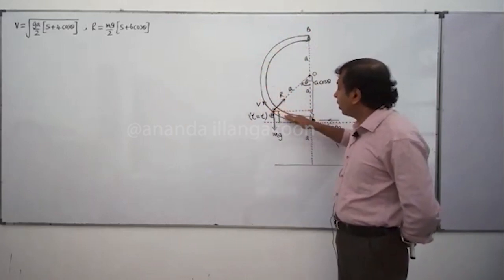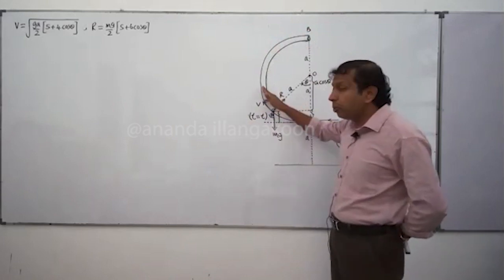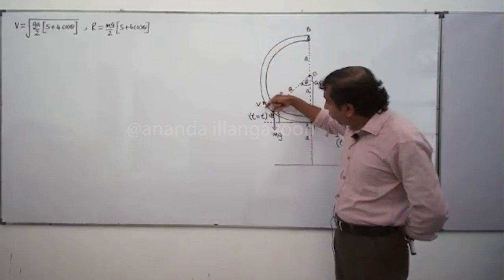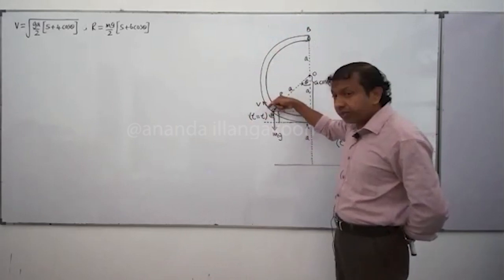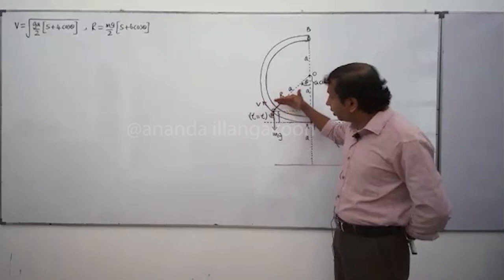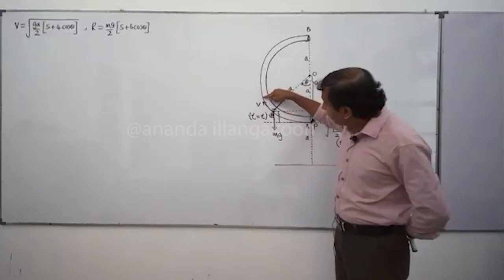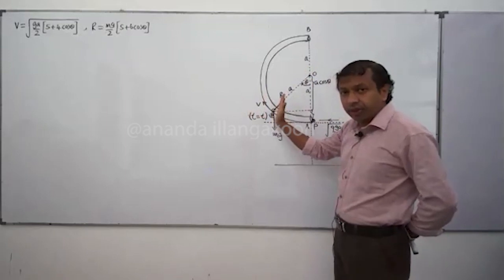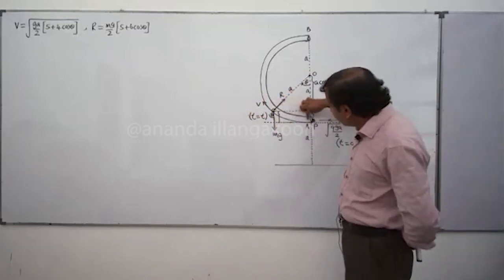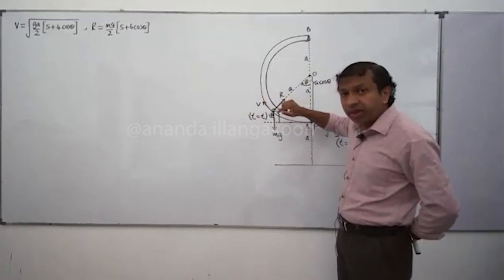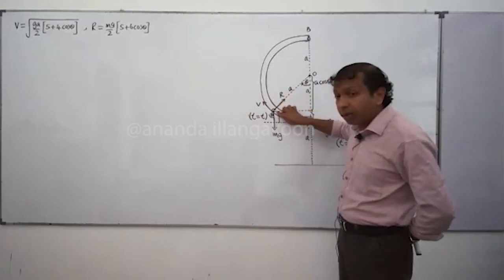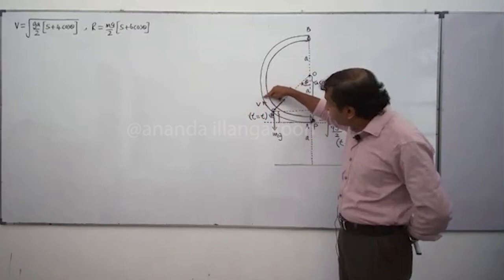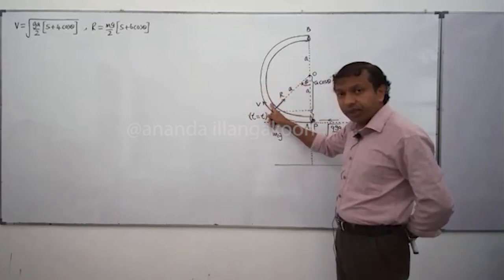While this particle is moving inside this tube, the particle makes contact with the outer surface or the inner surface, right? Inside the tube, we have an outer surface and an inner surface.